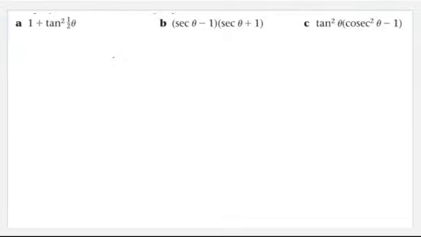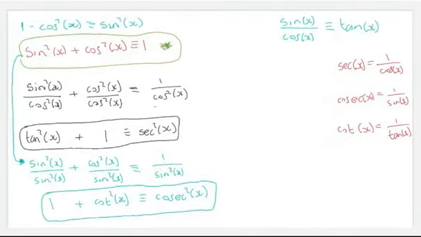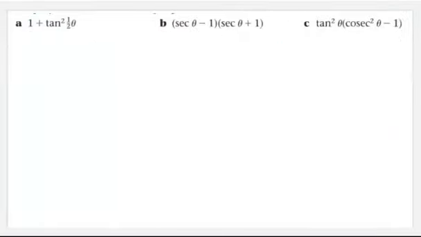So the first one makes use of one of the identities we've just learned. Any takers for this one? Would you just use the tan squared x plus 1 equals sec squared x? Yep. And in this case, we're going to put sec squared of what?